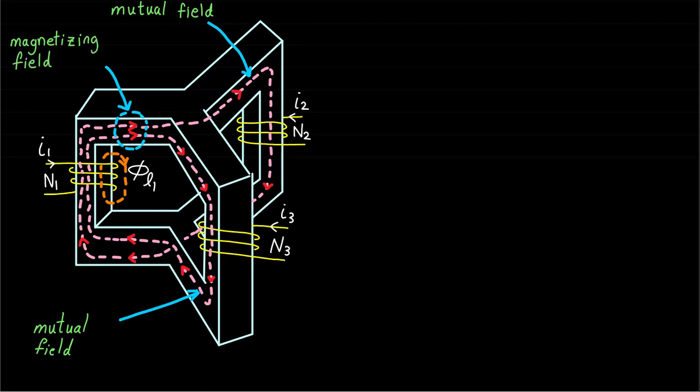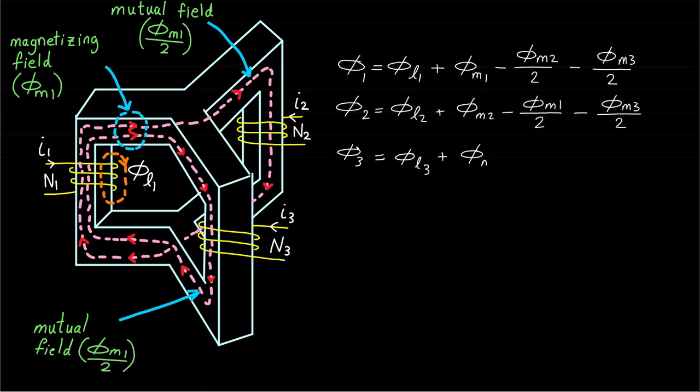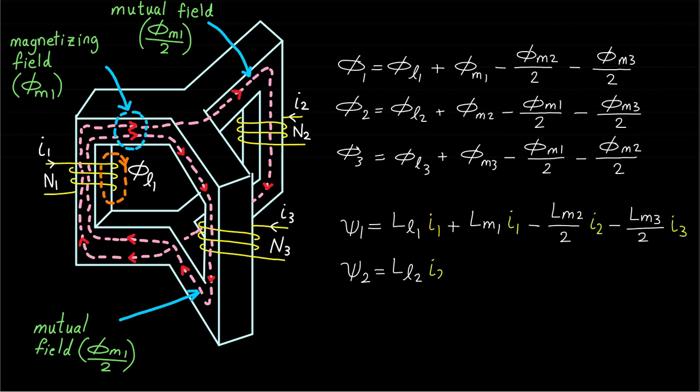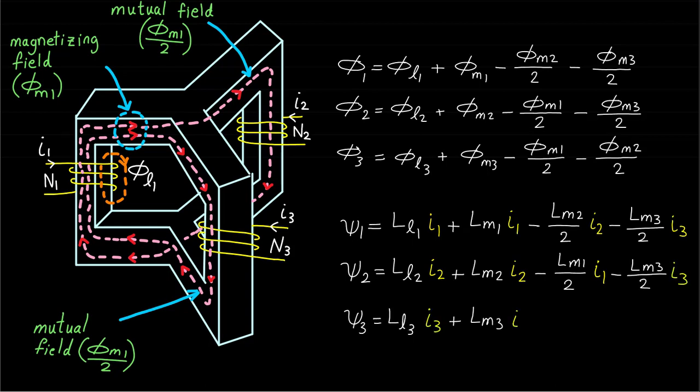So, if we assume that the magnetizing magnetic field is represented by phi m, the mutual magnetic fields will be half of the magnetizing magnetic field. Therefore, the system equation of the magnetic field lines phi and the magnetic field linkages psi of the three coils magnetic circuit can be expressed as follows.